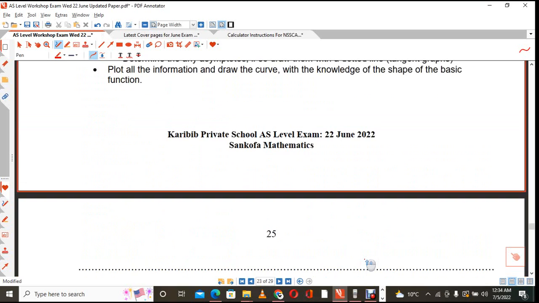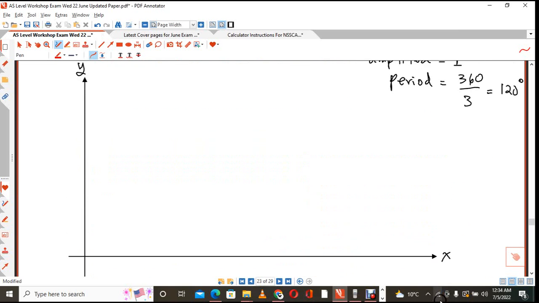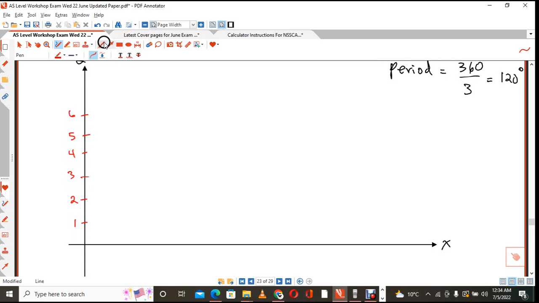Because now, if I have to fill in my information, so first of all, here, I'm going to go all the way, maybe I say that's 1, that's 2, that's 3, that's 4, 5, maybe 6. I know my maximum value is 4, okay? So I'm going to bring in my center line, and you take your center line, which I said is going to be a 3, and that's where my center line is, okay?